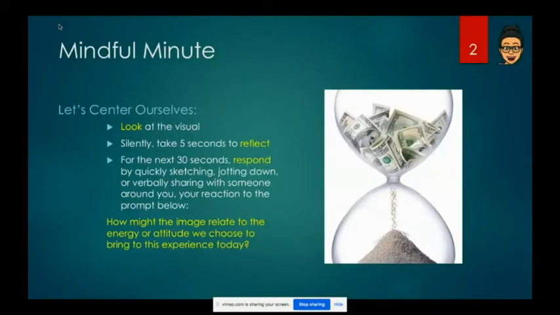Before we get started today, let us have a mindful minute. Let's center ourselves. Look at the visual, silently take 5 seconds to reflect, and for the next 30 seconds, respond by quickly sketching, jotting down, or verbally sharing with someone around you your reaction to the prompt below. How might the image relate to the energy or attitude we choose to bring to this experience today? 30 seconds on the clock.